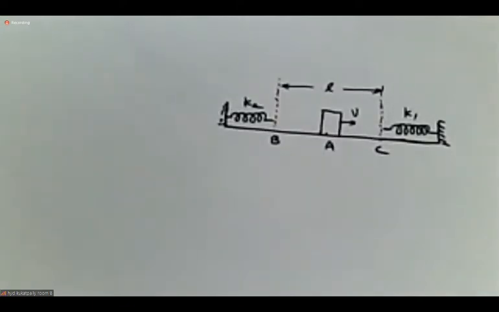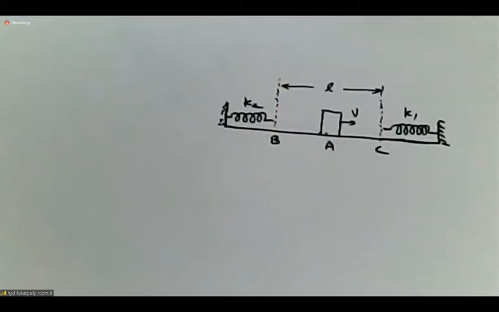Always, wherever a spring block system is given, you have to look at whether the block is attached to the spring or not. This is what you have to look at, whether it is attached or not.